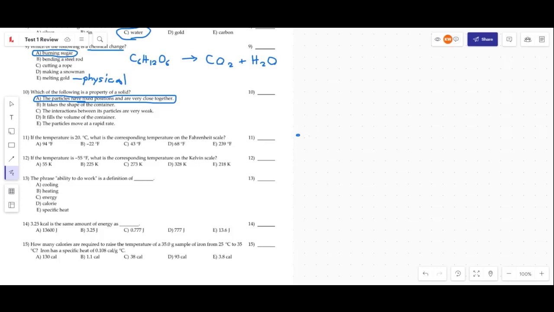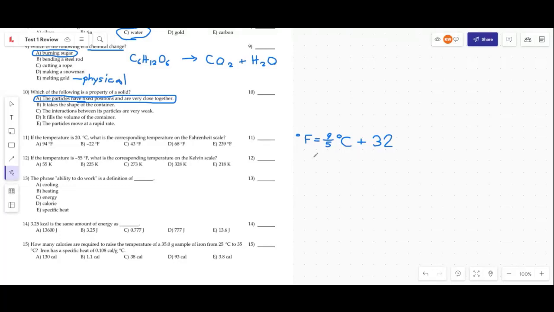The degrees Fahrenheit is going to be equal to 9/5, or 1.8, times the degrees Celsius plus 32. 32 is the freezing point of Fahrenheit.